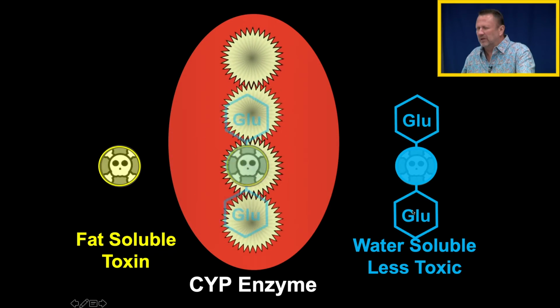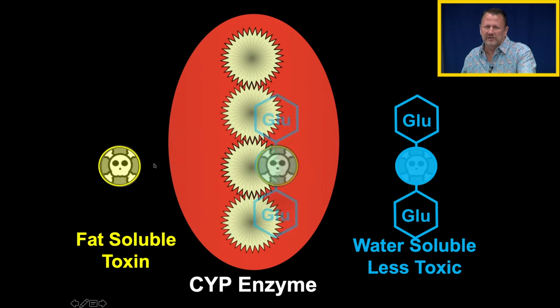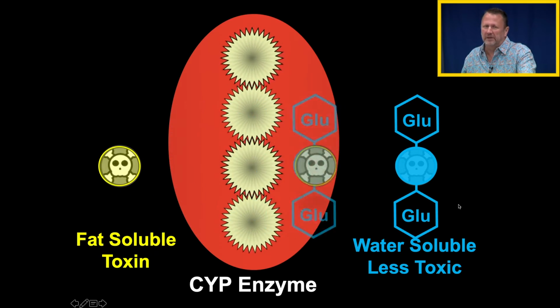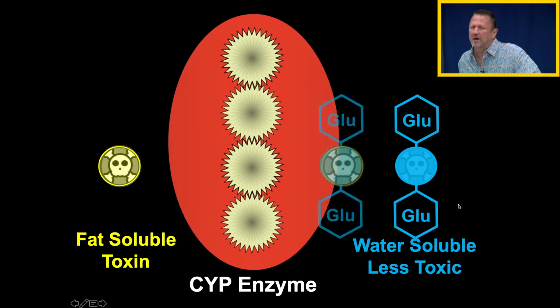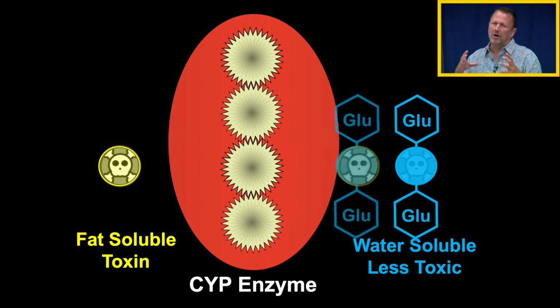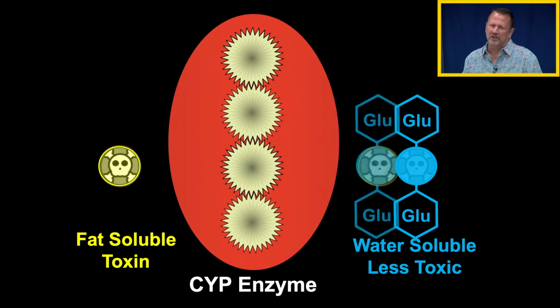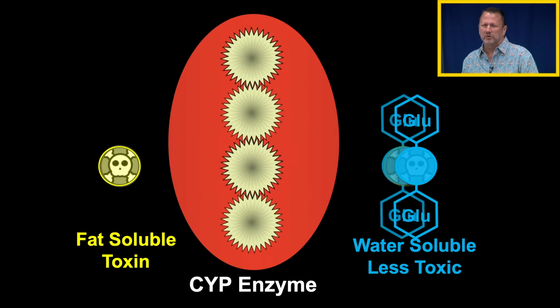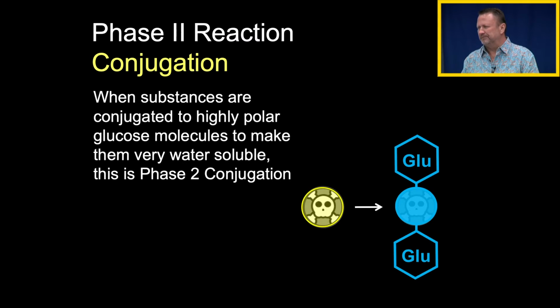And so if you took something like a glucose molecule and stuck it on this fat-soluble toxin, it'd make it really water-soluble in one big step. And so this is called conjugation, taking a large molecule and attaching it to the fat-soluble molecule to make it even more water-soluble. That's called phase 2 reactions. Phase 2 reactions are conjugations.